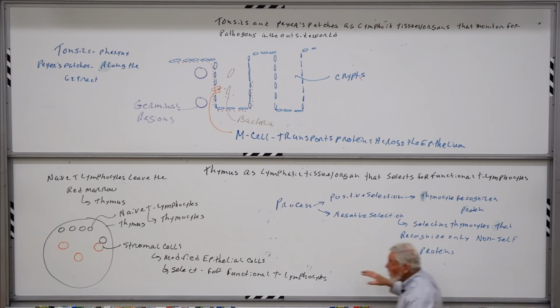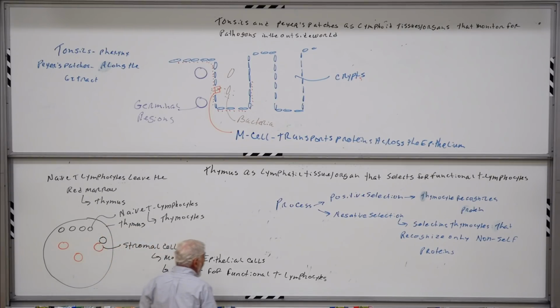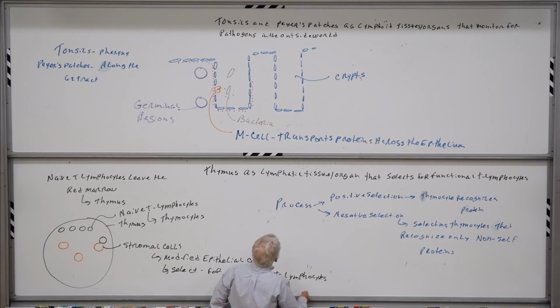So this guy plays a really, really important role in selection of these T cells so that we don't generate some form of autoimmunity. In the last couple of minutes, let me lay out where we're headed.